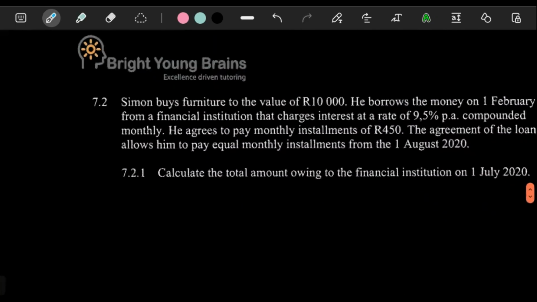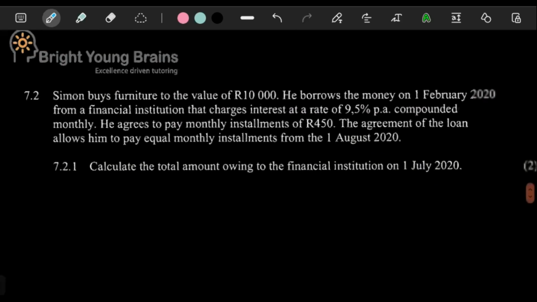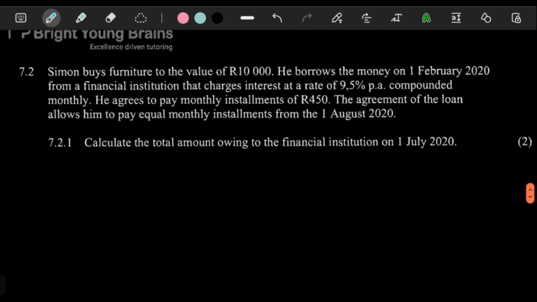7.2 says Simon buys furniture to the value of 10,000. He borrows the money on the 1st of Feb 2020 from a financial institution that charges interest at this much, compounded monthly. He agrees to pay a monthly installment of 450.